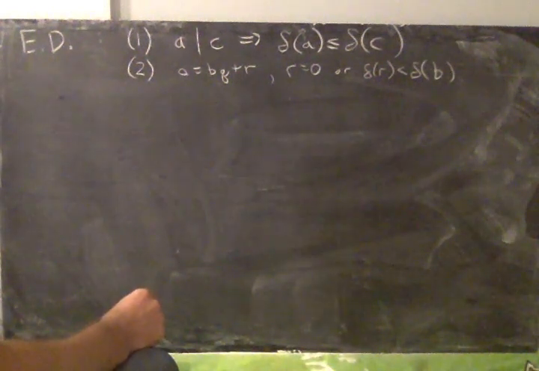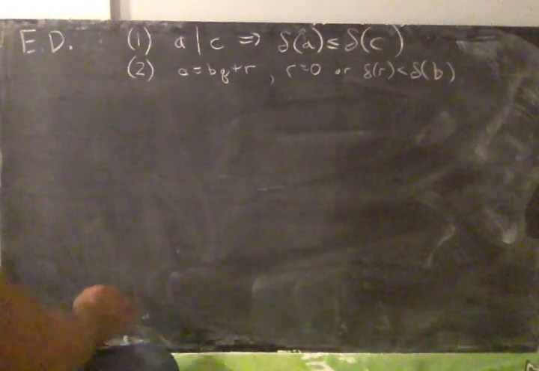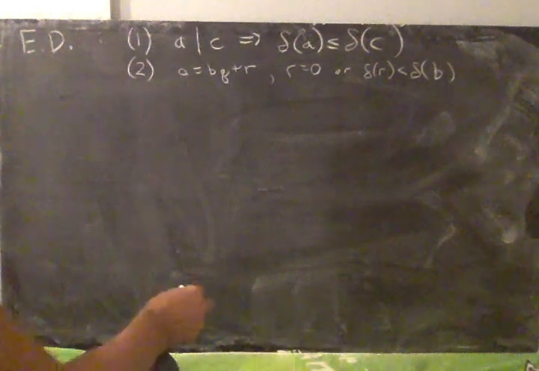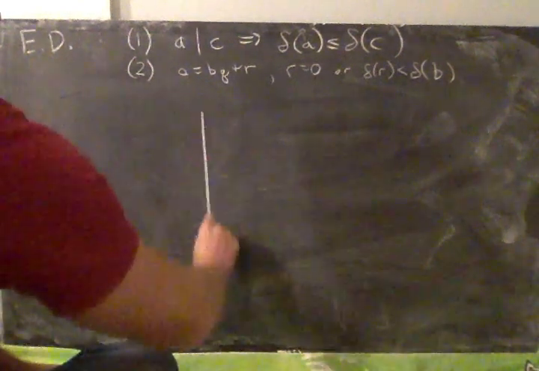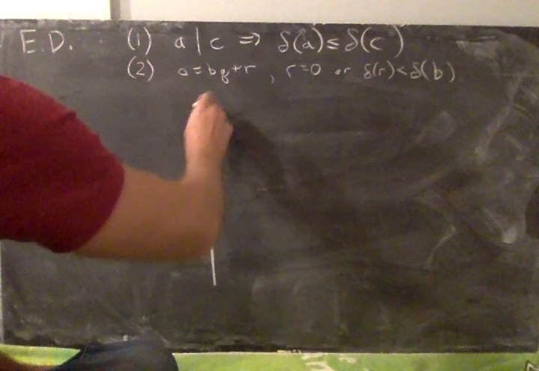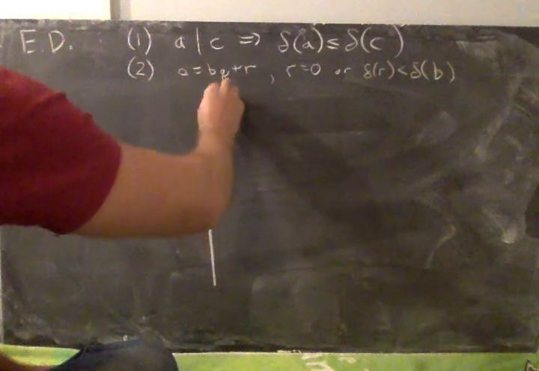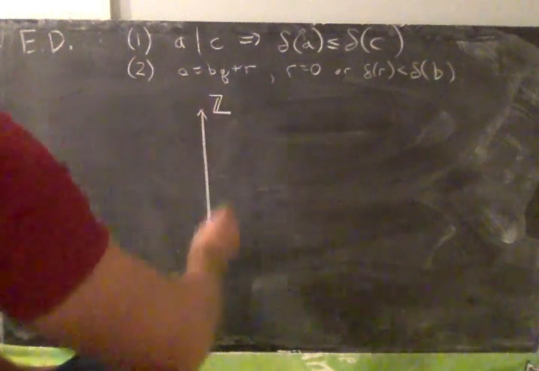And let me draw you a picture, because I think it's helpful to conceptualize this Euclidean domain. So here's my picture. This is a real line, but I'm just going to draw the integer points on it.